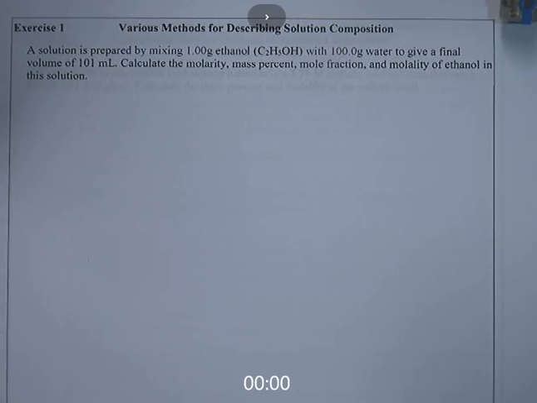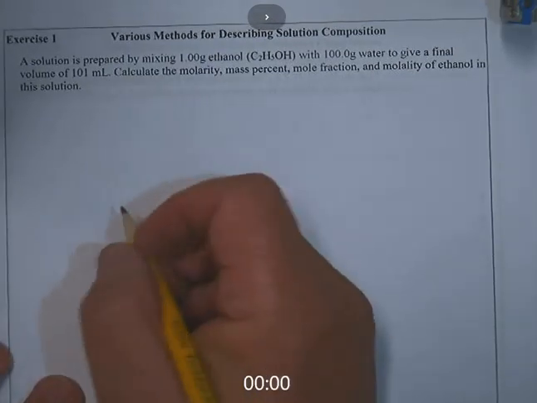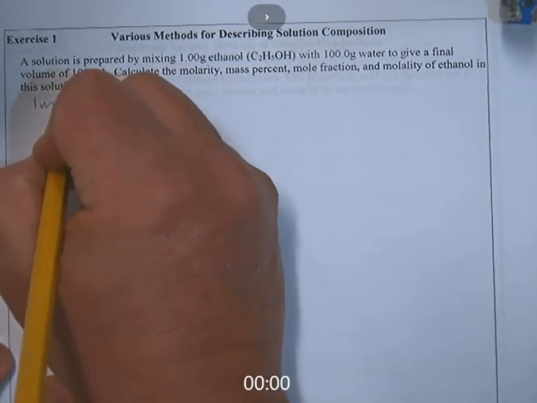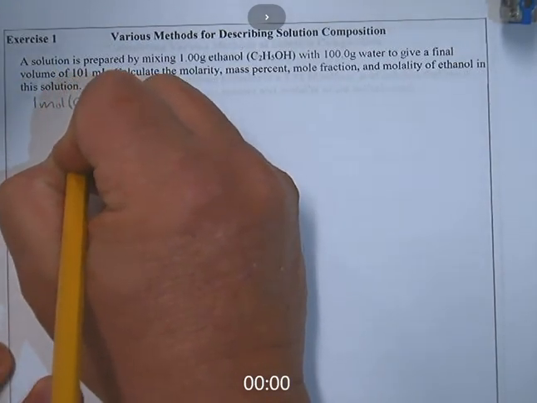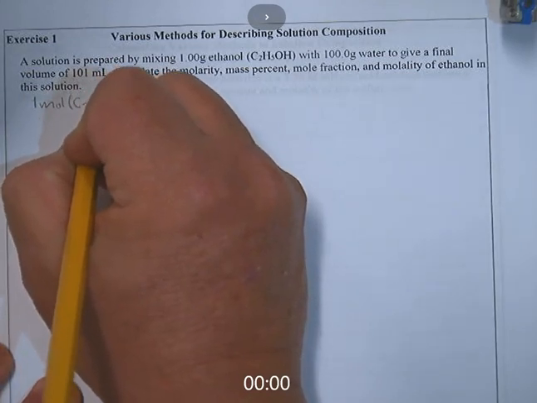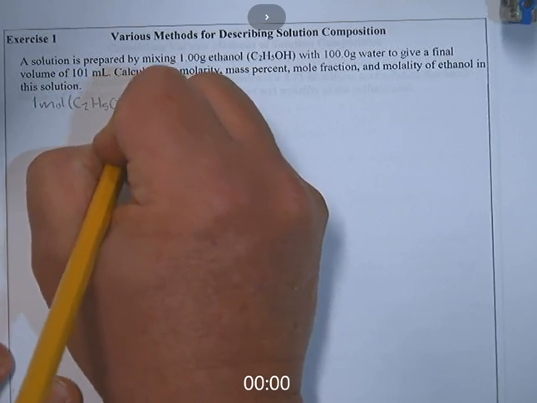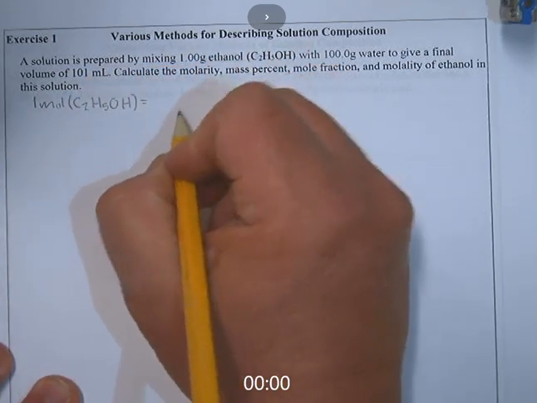You see that we're given a number of grams of ethanol and the chemical formula. So the first thing we want to do is figure out the molar mass. You know you're going to need that. So we're going to say 1 mole of C2H5OH equals, and let's just work it out.